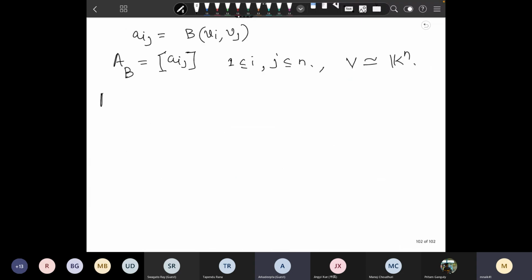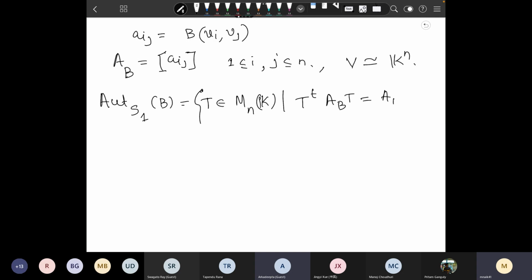It takes the form O(S1, B), which is basically the set of T belonging to M_n(K) so that T transpose A_B T is equal to A_B.